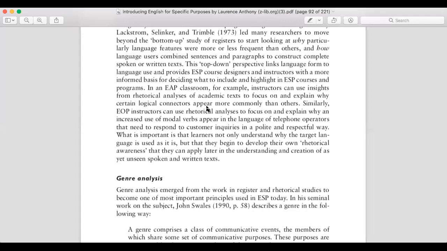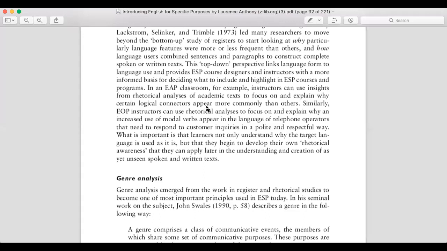So if we recall what we have been doing last week, we basically started doing the 4 pillars of ESP, English for Specific Purposes. And we talked about that the 4 pillars are needs analysis, learning objectives, materials and methods, and number 4 is evaluation.